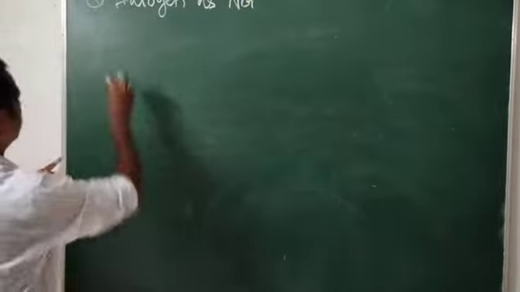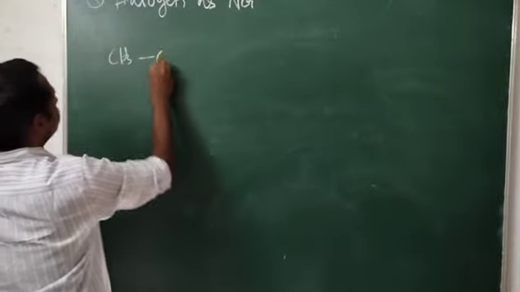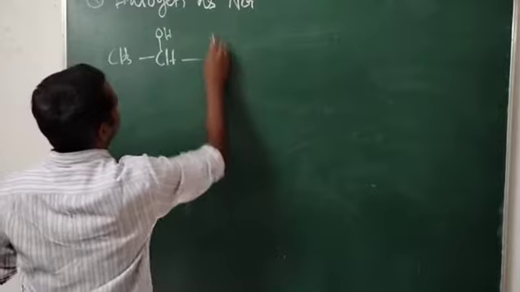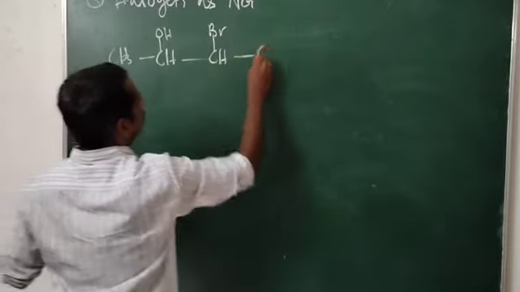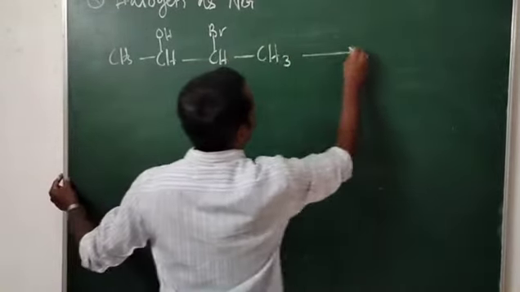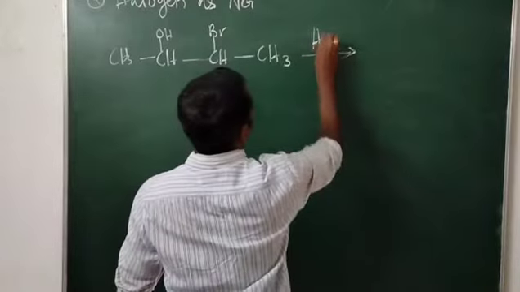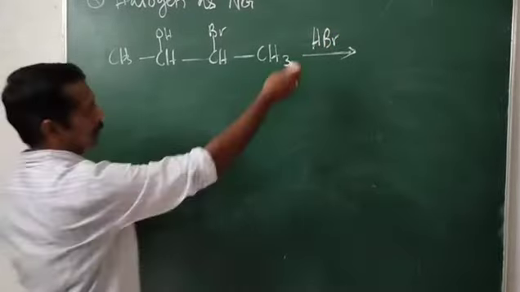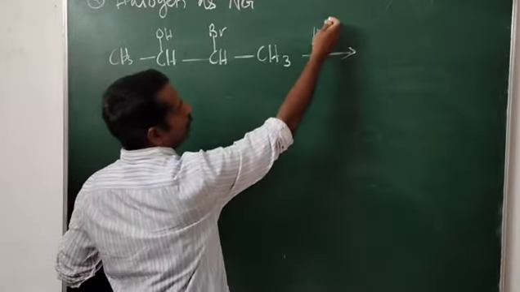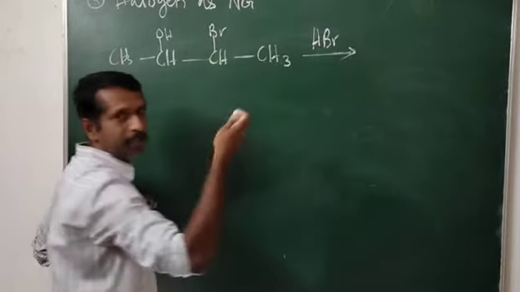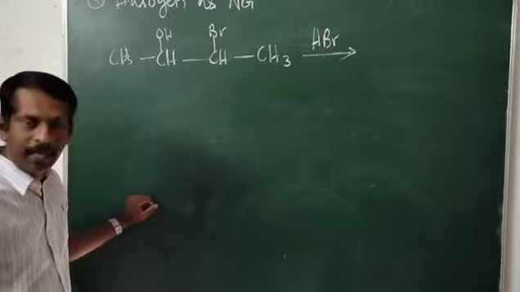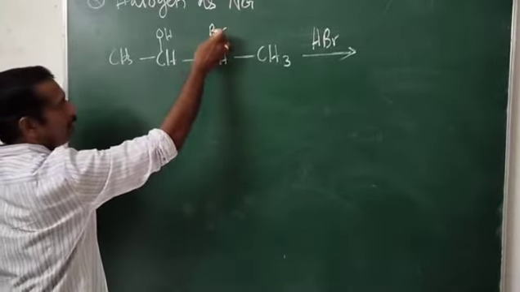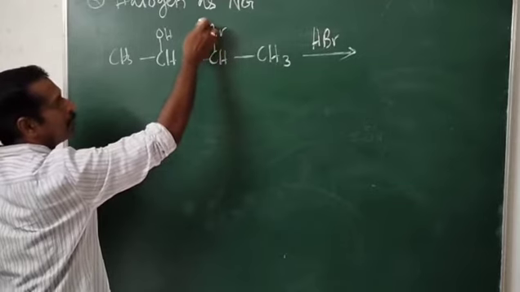So look at here, CH3, CHOH, CHBr, CH3, then react with the HBr. Okay, here you can see that Br minus is our external nucleophile, and here this Br is acting as our neighboring group.